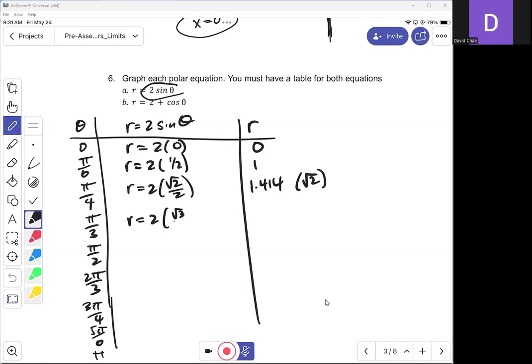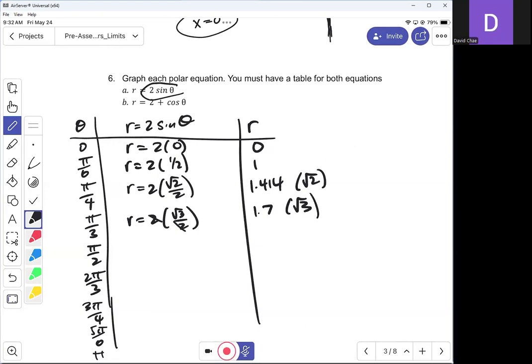R is equal to 2, and then what? Radical 3 over 2. So cancel out the 2's, radical 3 is 1 point, I believe it's 1.7, something like that. Let me double check. Calculator. Radical 3 is 1.7, yes.